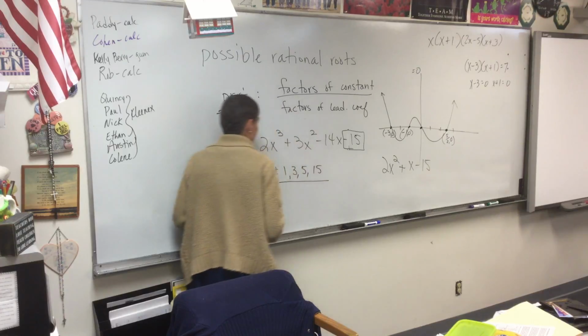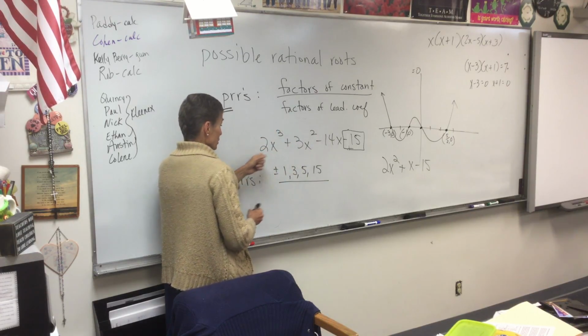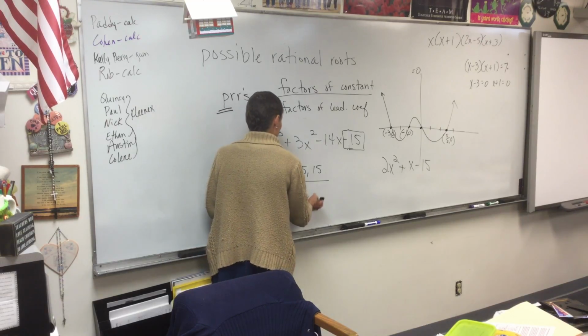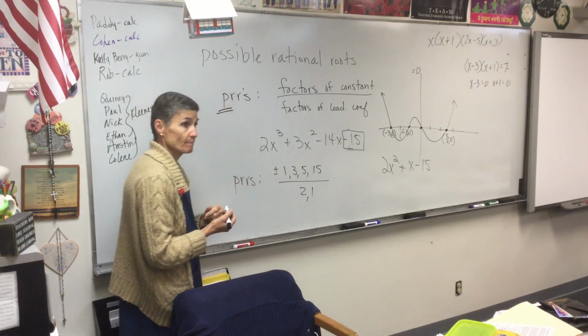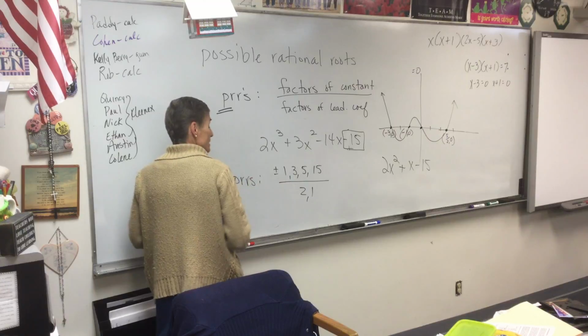Divided by the factors of the leading coefficient. This is the leading coefficient. So what are the factors of 2? 2 and 1, right? Plus or minus? So what are my PRRs?